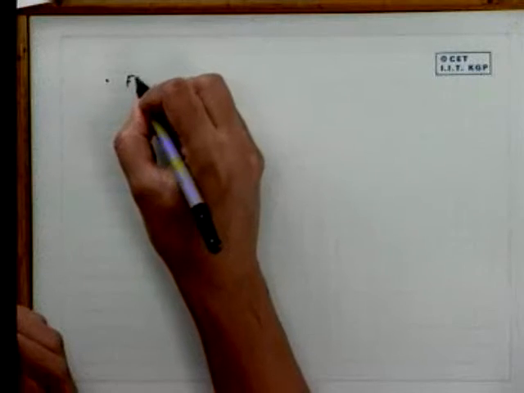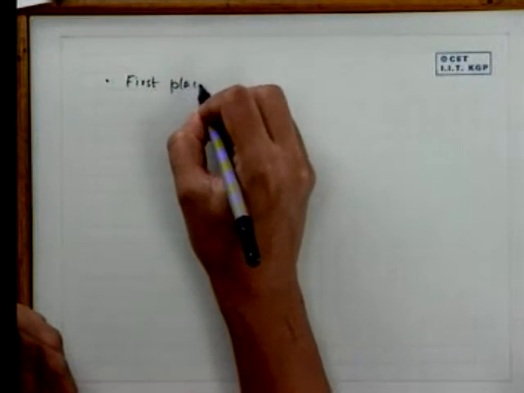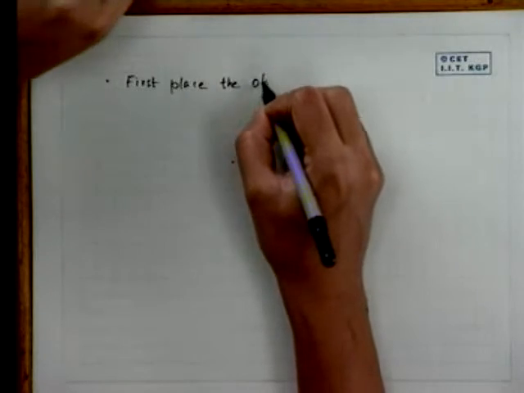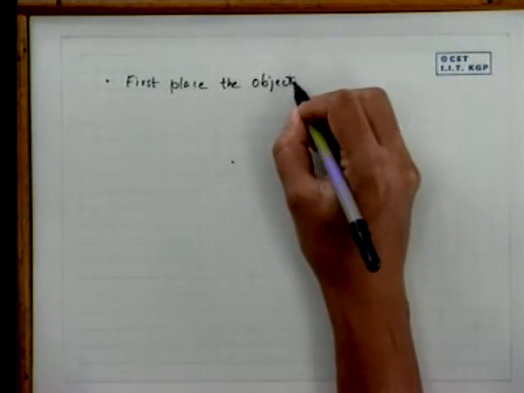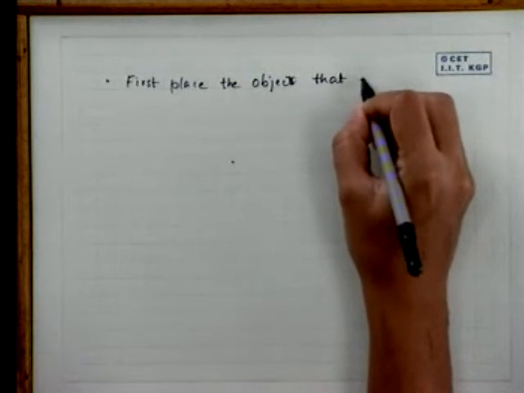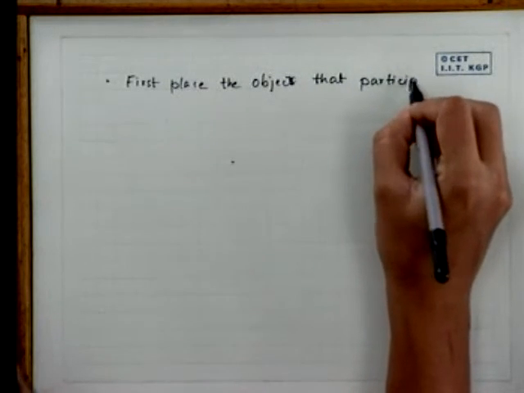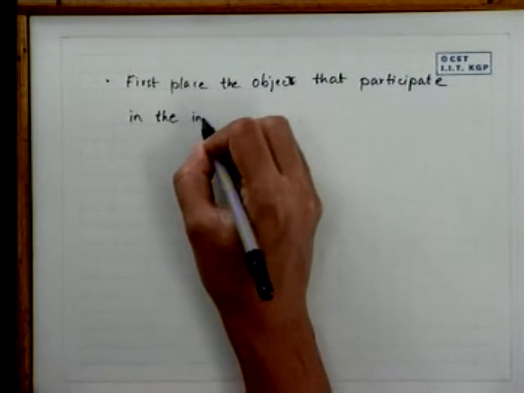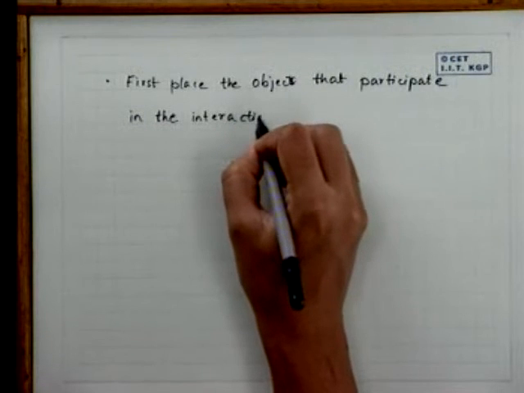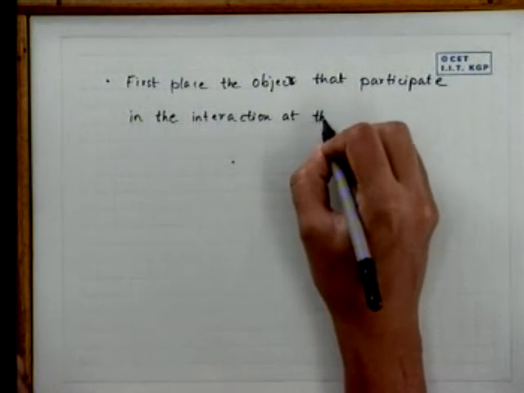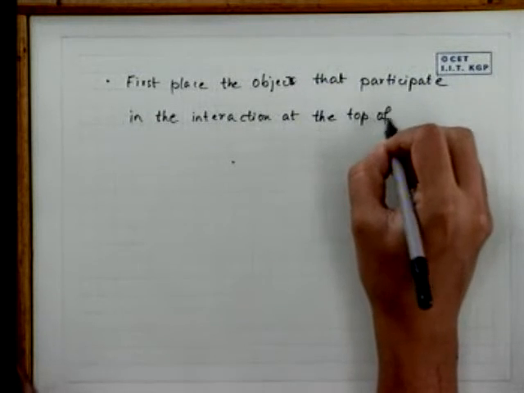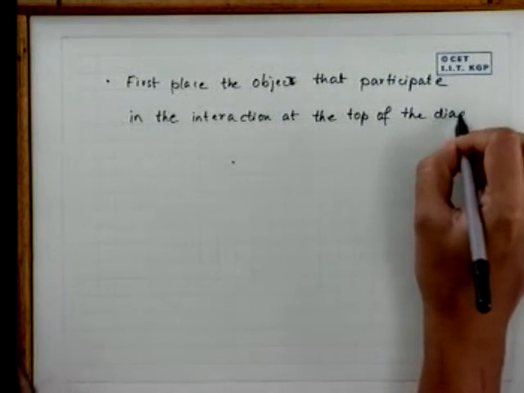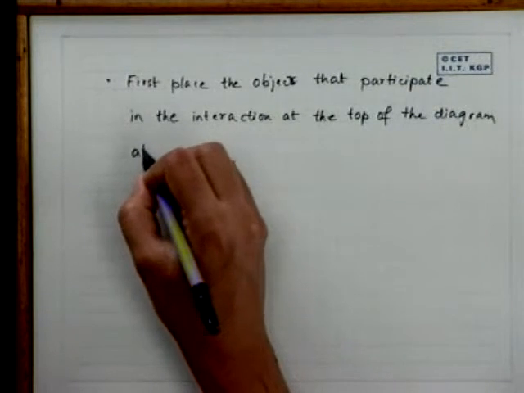So we first place the objects that participate in the interaction at the top of the diagram, along the x-axis.